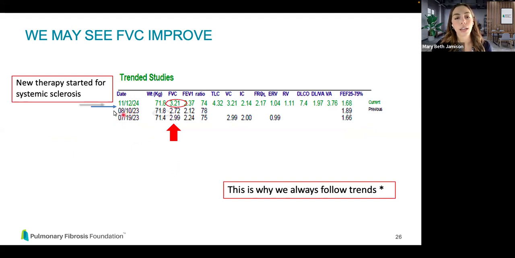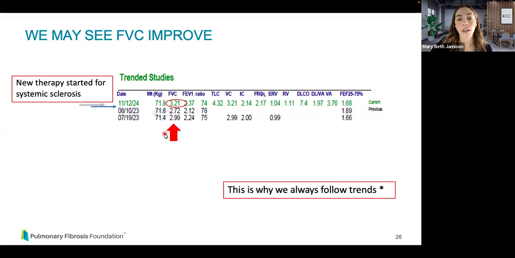And then we're looking here, there was a new therapy started for systemic sclerosis interstitial lung disease. So we started a new medication, and we actually saw our FVC improve. So you can see it went from 2.72 to 3.21. So we would say, in this particular case, the patient felt better as well. They felt significantly better. So we would say that was effective treatment.